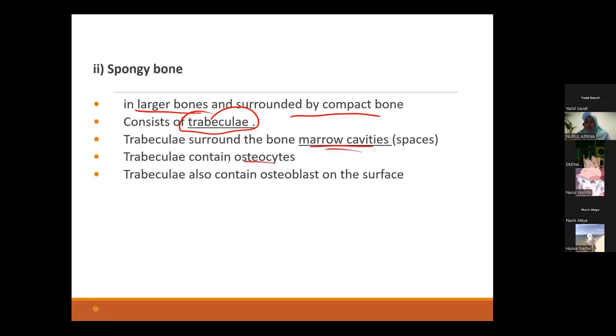It contains osteocyte, right? In the trabeculae tu, it contains osteocyte, and it also may contain osteoblasts. So remember, osteocyte and osteoblast are two different cells, okay? Right? And each of them has different functions. Okay, so trabeculae contain osteoblasts on the surface, and it also might contain osteocyte in the lacunae.